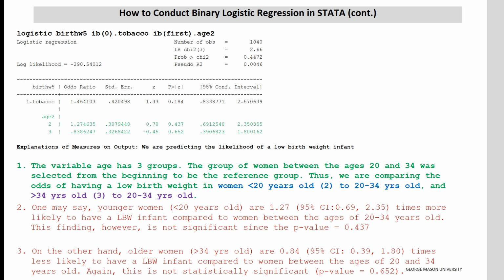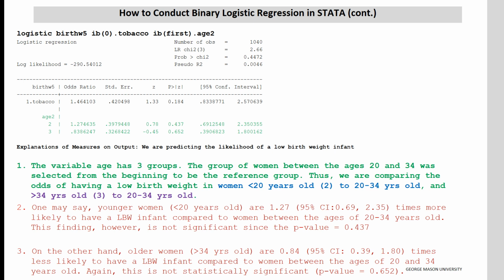Therefore, we're comparing the odds of having a low birth weight in women less than 20 years old, and that is expressed by the value 2 that you see in the table, to 20 to 34 years old, and then we're comparing the odds of having a low birth weight in women older than 34 years old, and that is indicated by the value 3 that you see in the table under age, to 20 to 34 years old.